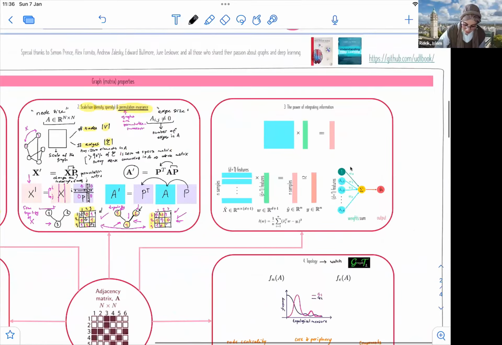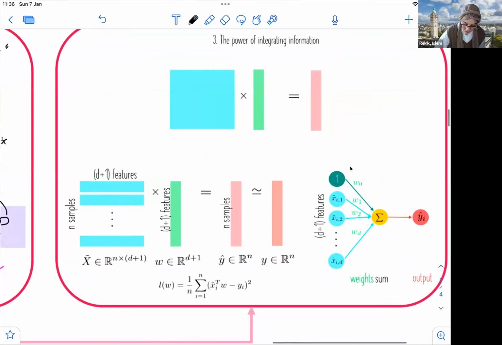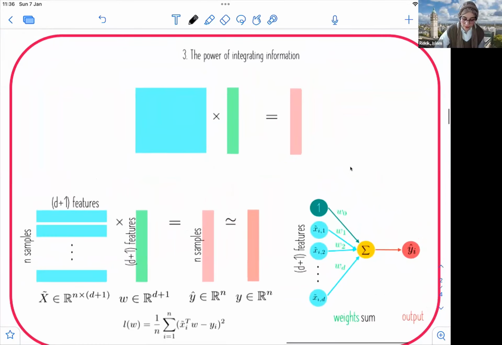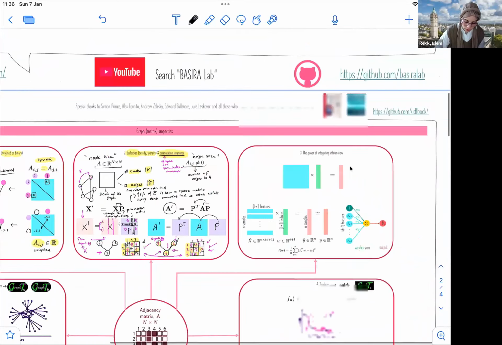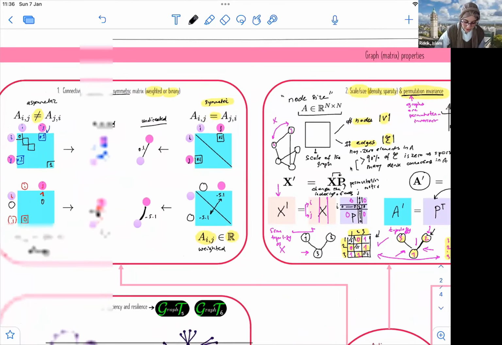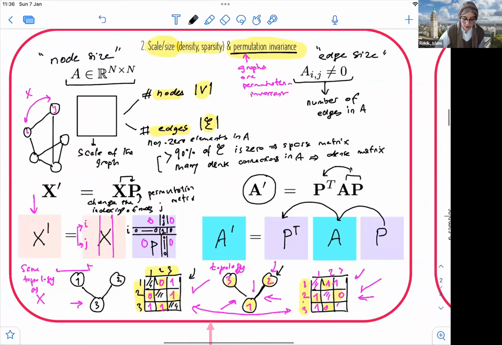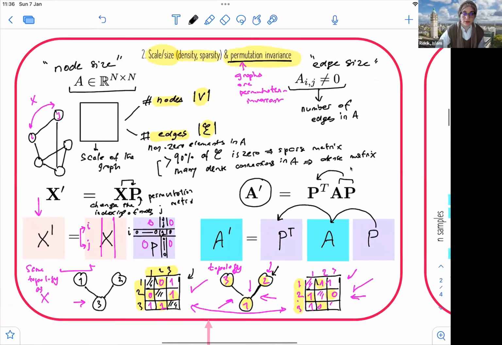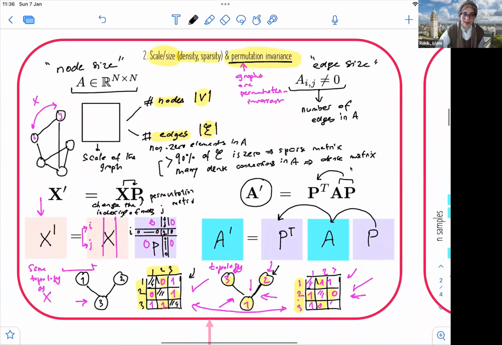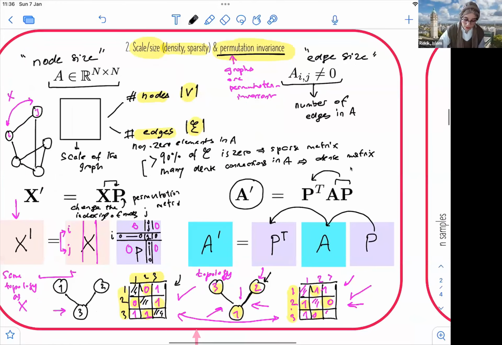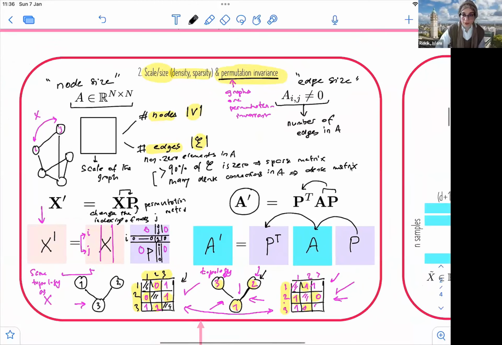Next we have a very interesting concept, which is the power of integration. So far we have seen connectivity, symmetry, weighted and binary matrices, the importance of the scale and the size of the matrix, nodes and existing edges, and permutation invariance of the graph, which is very different from spatial images.